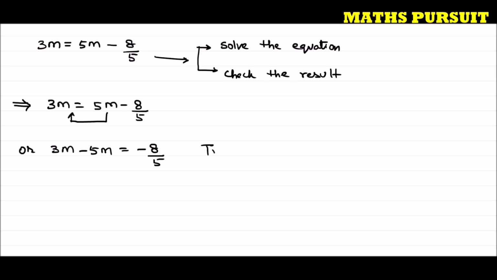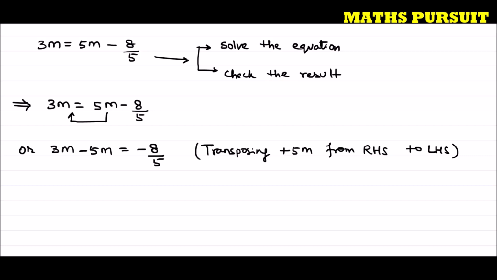That means transposing 5m. We very well know that if we move a number, its sign changes. If we move a positive number, it becomes a negative number. If we move a negative number, it becomes a positive number. So what we did here, we just moved 5m from the right hand side to the left hand side.